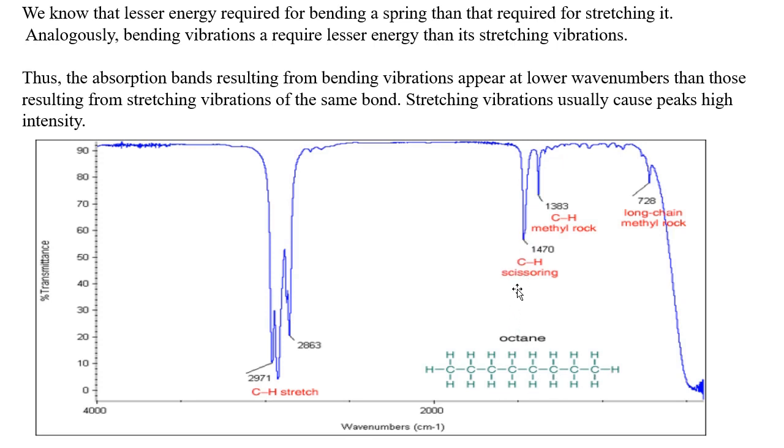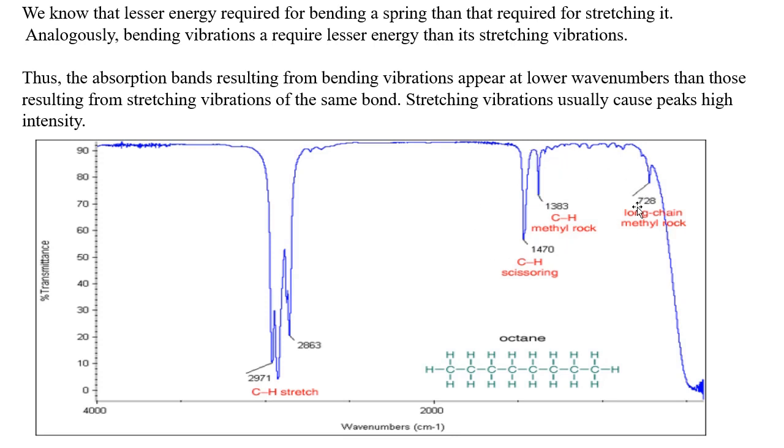You can see here the peaks for bending vibrations, that is C-H scissoring, C-H methyl rocking, long chain methyl rocking, and all these have lower wave numbers compared to stretching vibrations. These are carbon hydrogen stretch. That is the peak obtained for carbon hydrogen stretch, with a very high intensity compared to these bending vibrations.